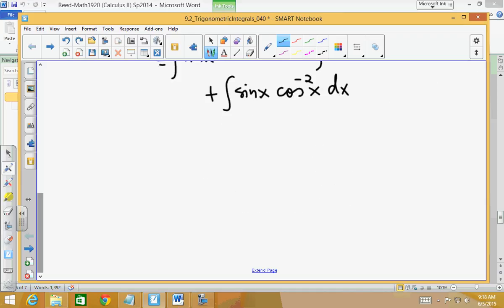As we said, if we say u equals cosine x, that implies that du is equal to negative sine x dx.